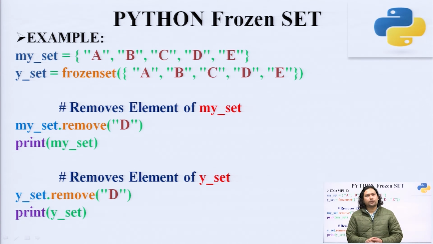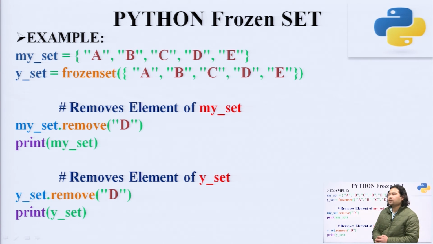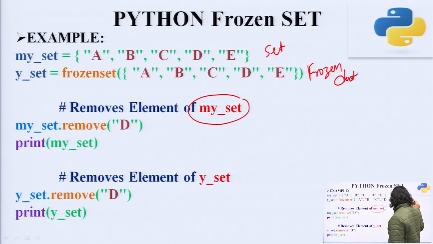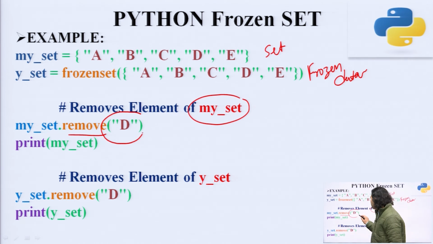The next thing is, now we are going to prove that frozen data types are immutable. Here you can see that we are trying to remove an element from my set. The my set is a set data type, and here it is a frozen data type. So, we are performing the remove method and we have successfully removed the D element from this set.